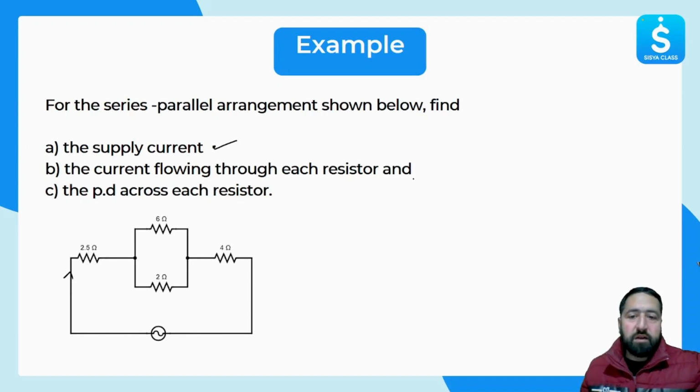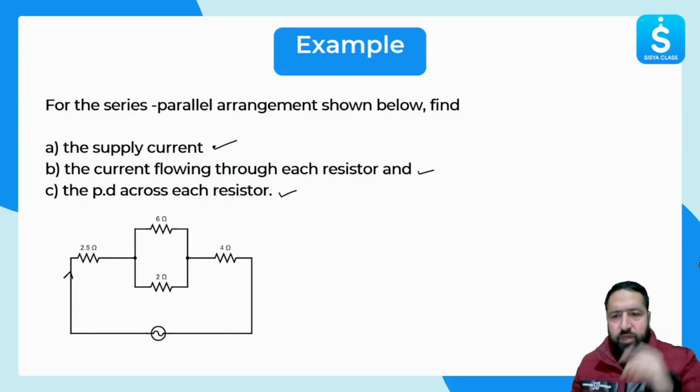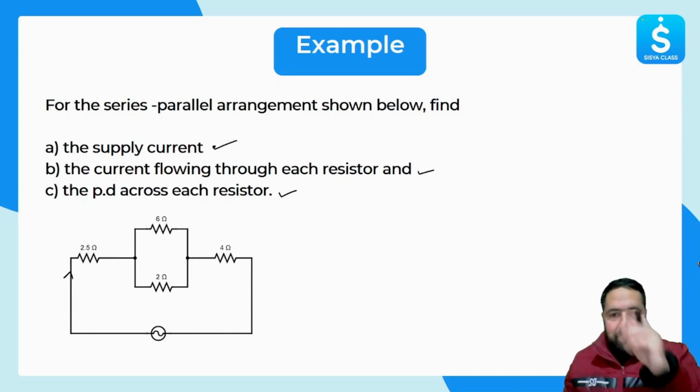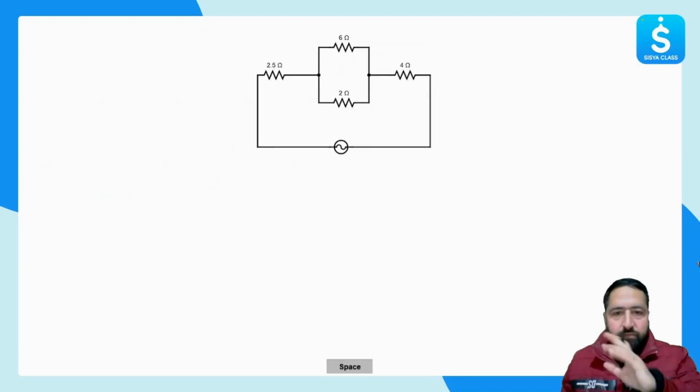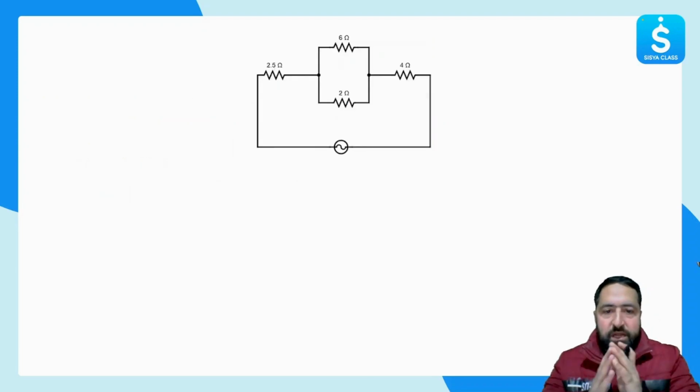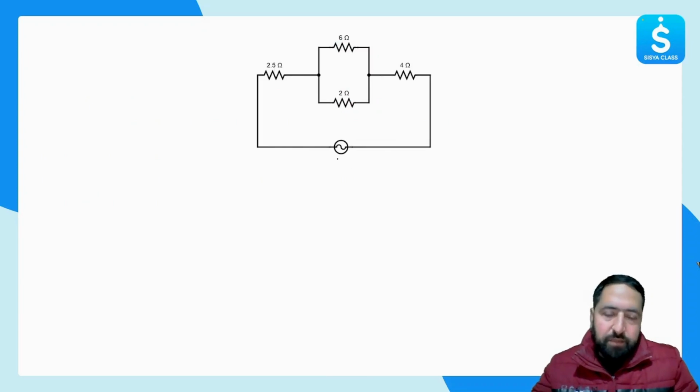Then the current flowing through each resistor, current flowing through the 2.5, 6, 2 and 4 ohm resistors. And then the third, the potential difference across each resistor. Got it? So we will start with the first one, the supply current. Now, the potential difference which has been given is 200 volts.